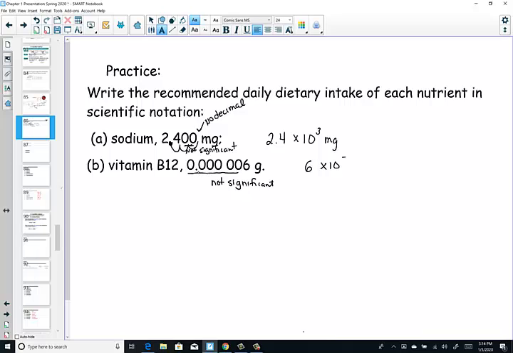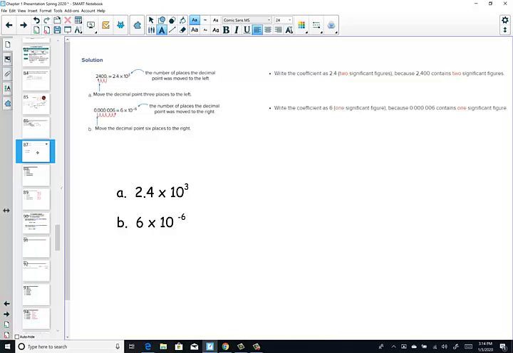How many places to move that decimal to get the 6 just to the left of it? 1, 2, 3, 4, 5, 6 times we had to move that decimal place, so that exponent becomes 6 times 10 to the negative 6th grams. How'd you do? Just takes a little practice, doesn't it? And there's our answer, isn't it? 2.4 times 10 to the third, 6 times 10 to the negative 6th.